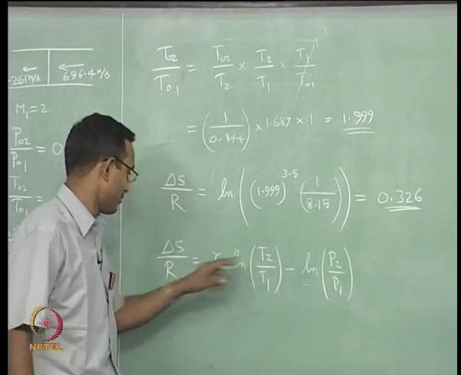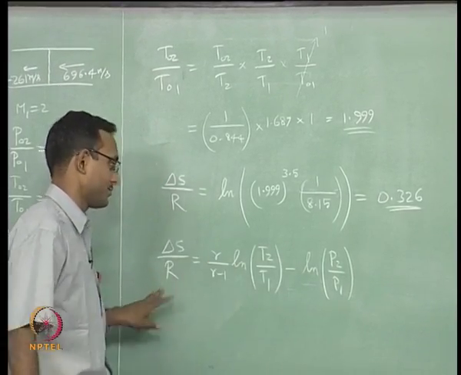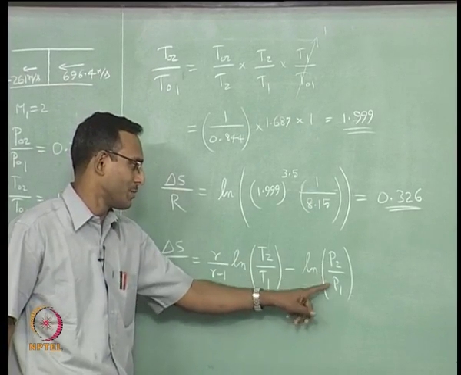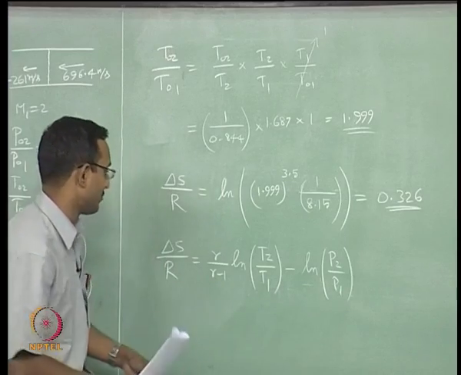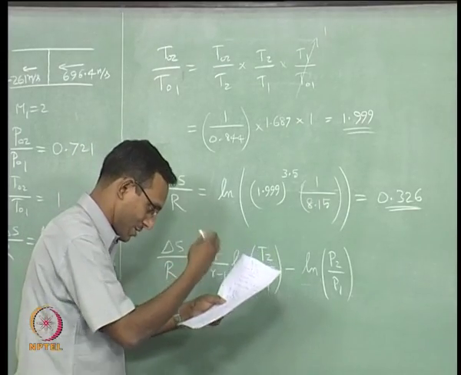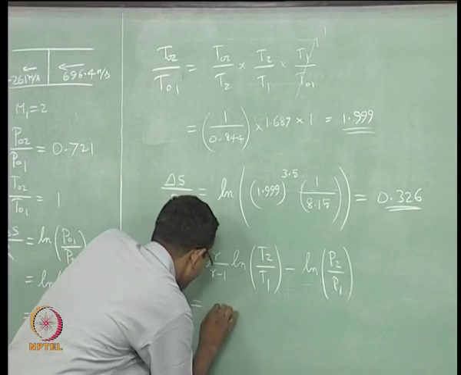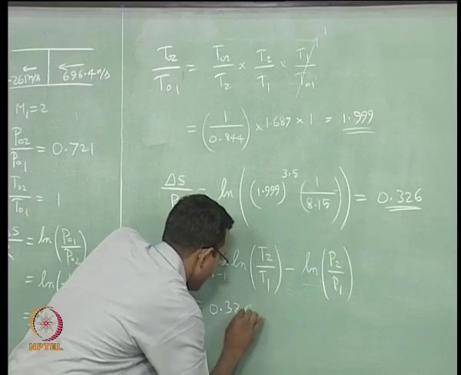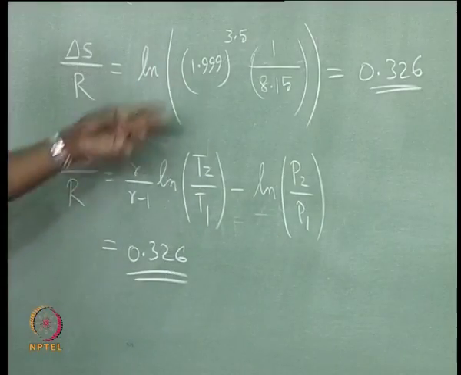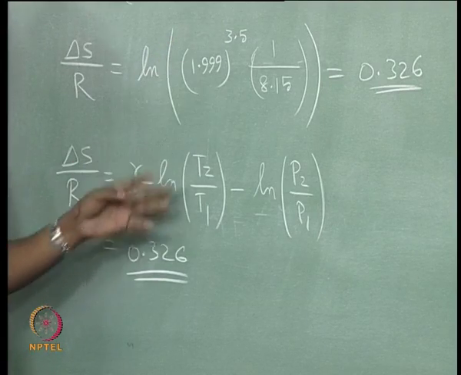It is the same thing, I just took the R out of here. So this is the formula. Now I know T2 by T1 for the shock, I know P2 by P1 for the shock. I can find it this way also. Ideally, I can substitute all the numbers. This also gives me 0.326, exactly the same answer. Both are exactly the same formula, it is just one way or the other, both should give the same answer.